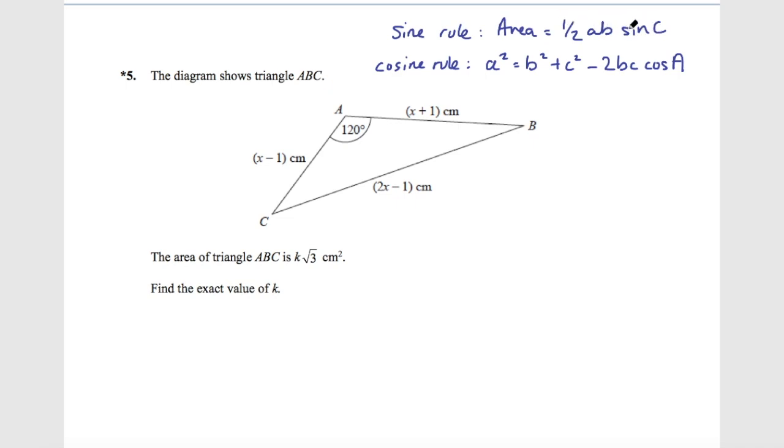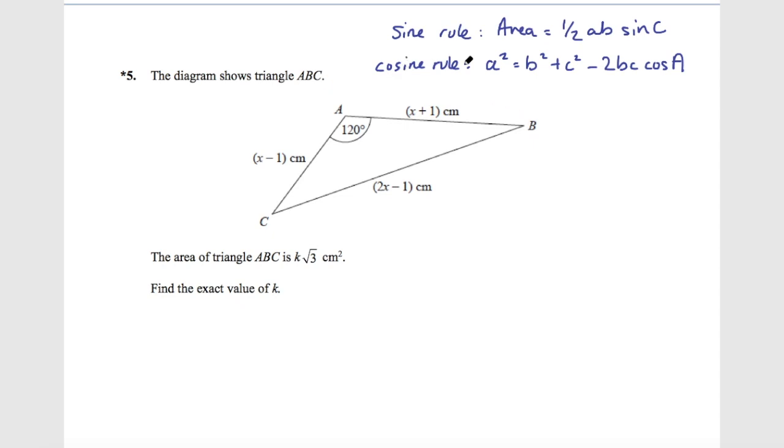Just be careful because the variables in this rule might not exactly be related to the variables in this one. This is just how the formulas are usually written. In this one it's cosine A and this one it's sine C, but actually I'm talking about the same angle.